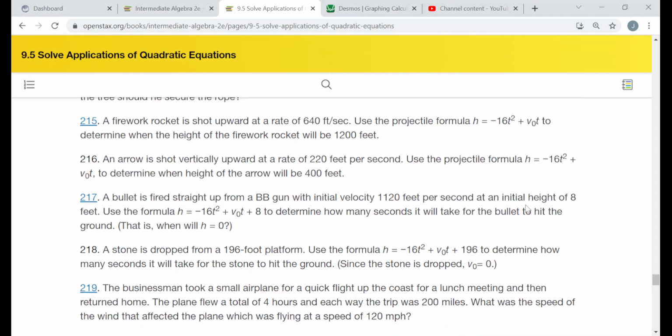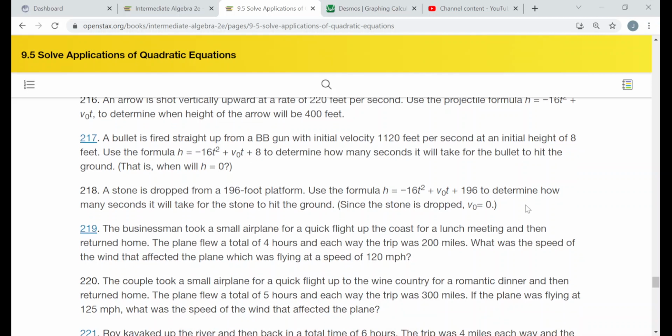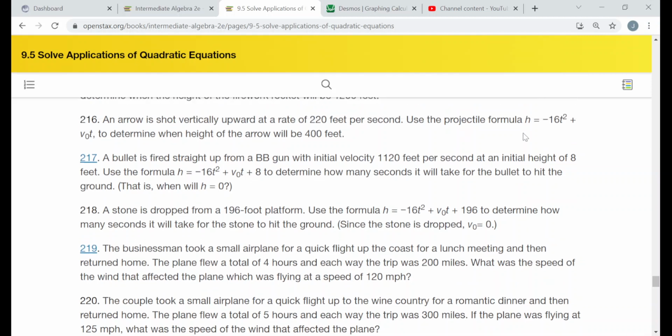Exercise 216. All right, so this one they're giving us a little formula. They're saying an arrow is shot vertically upward at a rate of 220 feet per second. Use the projectile formula, H equals negative 16t squared plus v sub 0 t, and I'll write what these letters mean.